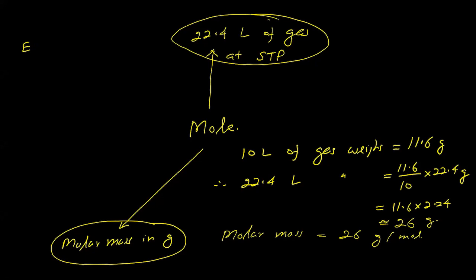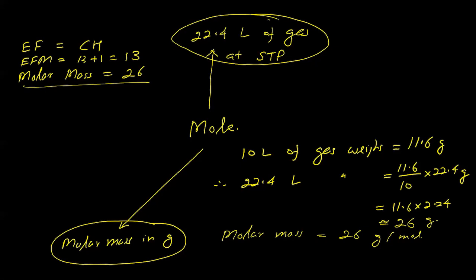Empirical formula CH, molar mass, that is molecular formula mass, 26. Not empirical formula mass. Empirical formula mass will be 12 plus 1, 13. Molar mass is 26.